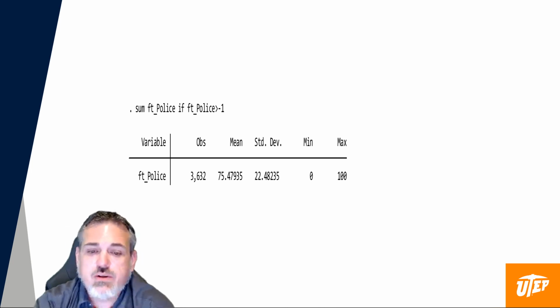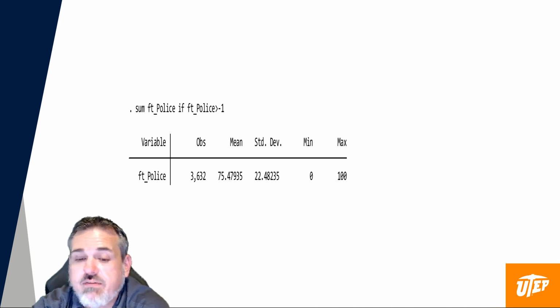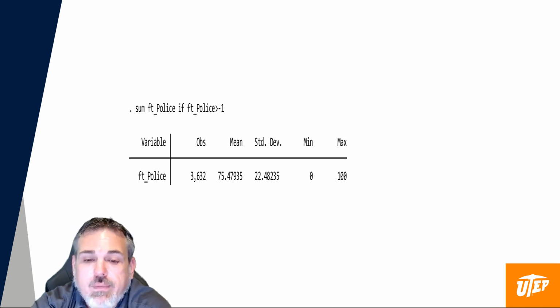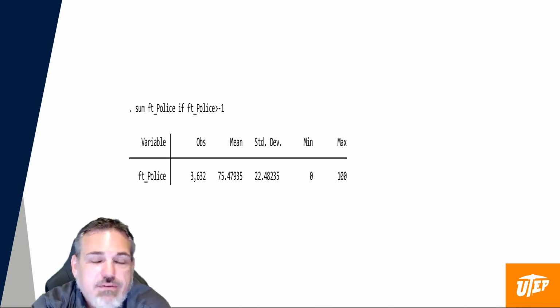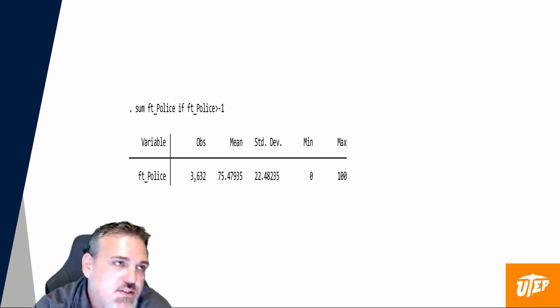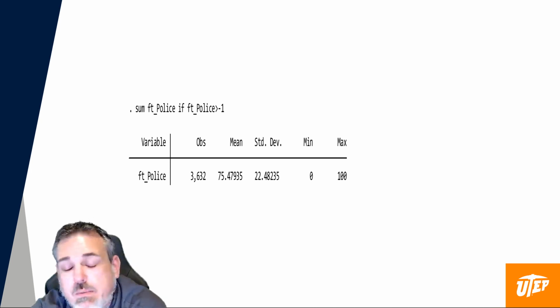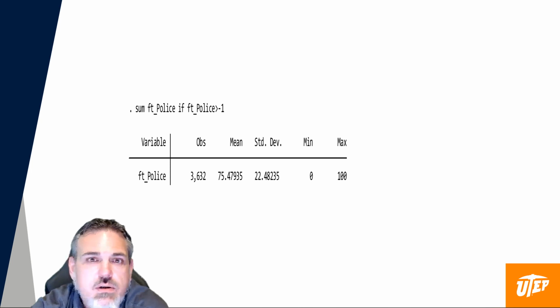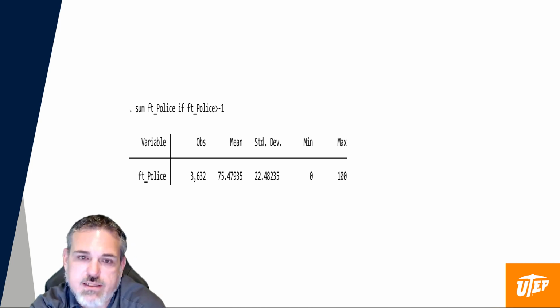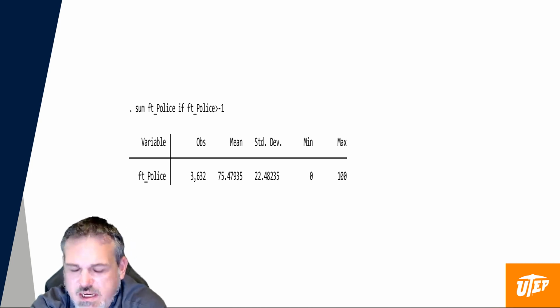in this case, the police. And as you can see here, the mean is 75.4, and that's actually meaningful. So an individual who says my feeling thermometer towards the police is 78, and someone else responds, well, my feeling thermometer towards the police is 80, that's a 2-degree difference. That's meaningful, in some sense.